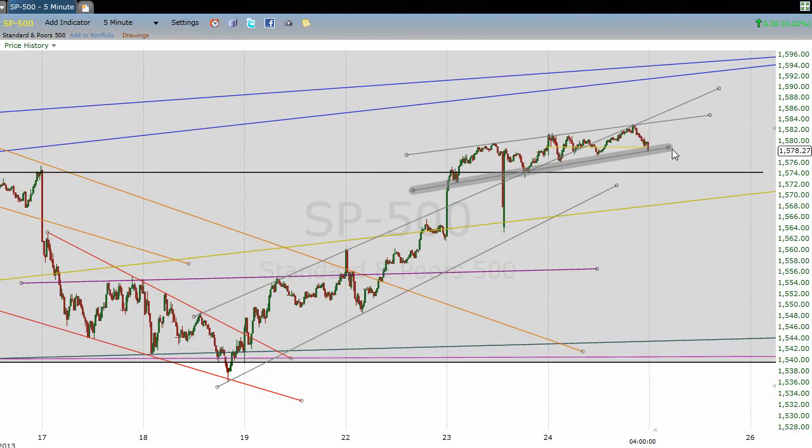Now, I'll be honest with you, back when we had the flash crash in 2010, and people said, oh, it was just somebody's fat fingers. Hogwash. That was not somebody's fat fingers. That was a market that was due for a quick sell-off.